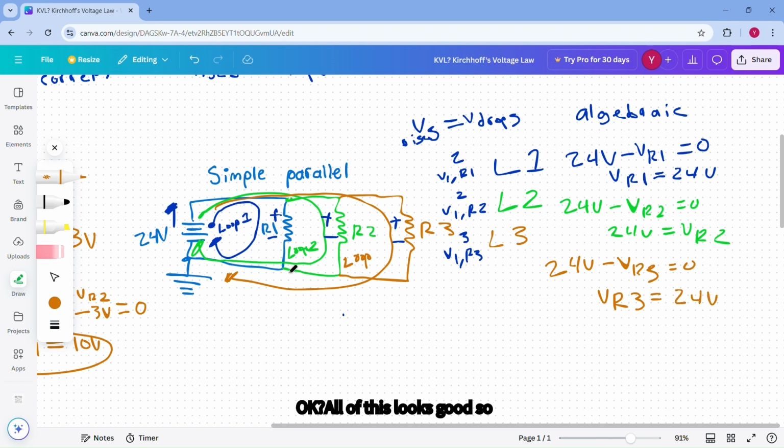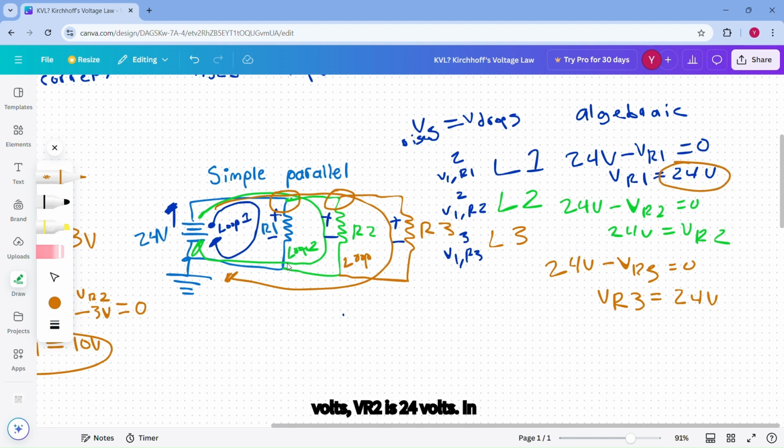All of this looks good so far. Because this is a simple parallel circuit, I can actually check my answers to KVL and see, does it make sense with this parallel circuit? Remember, in a parallel circuit, anything in parallel with each other, so resistor R1 and R2, since they're parallel to each other, should share the same voltage drop.